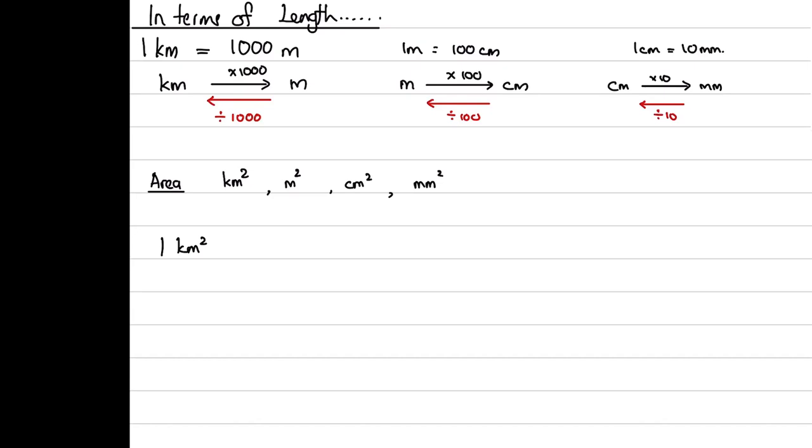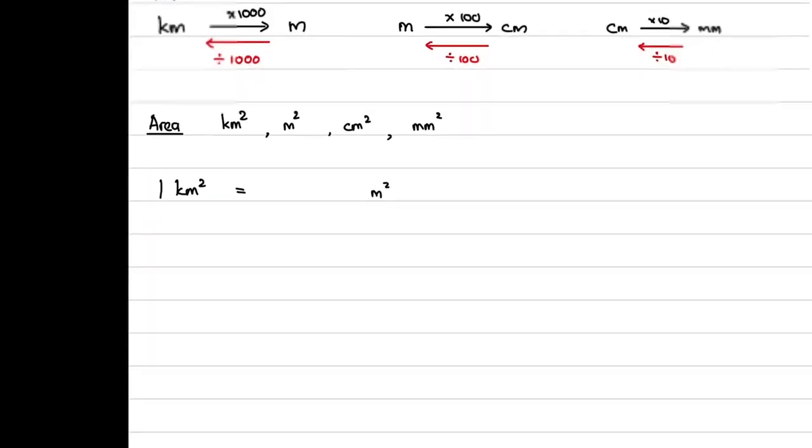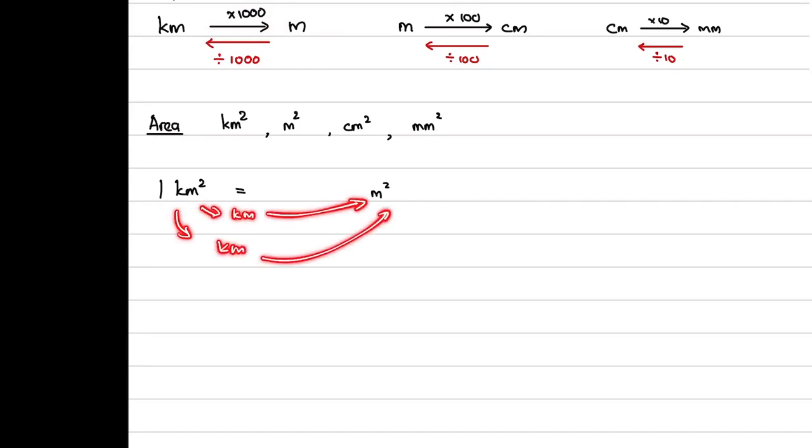So if you want to convert 1 square kilometer to square meters, you can actually imagine changing 2 kilometers into meters. Changing 1 kilometer to a meter, you multiply by 1,000. So now if we look at this one here, you can imagine it being 2 kilometers, both changing to meters.